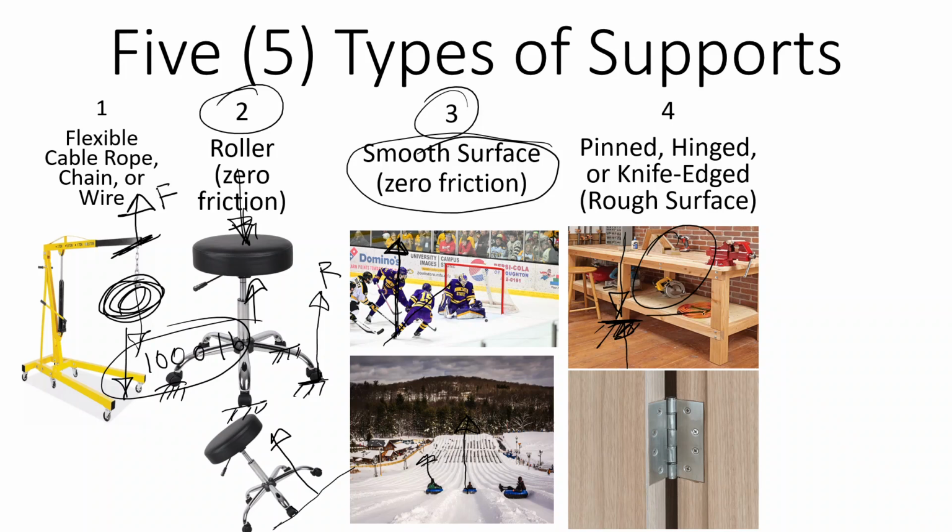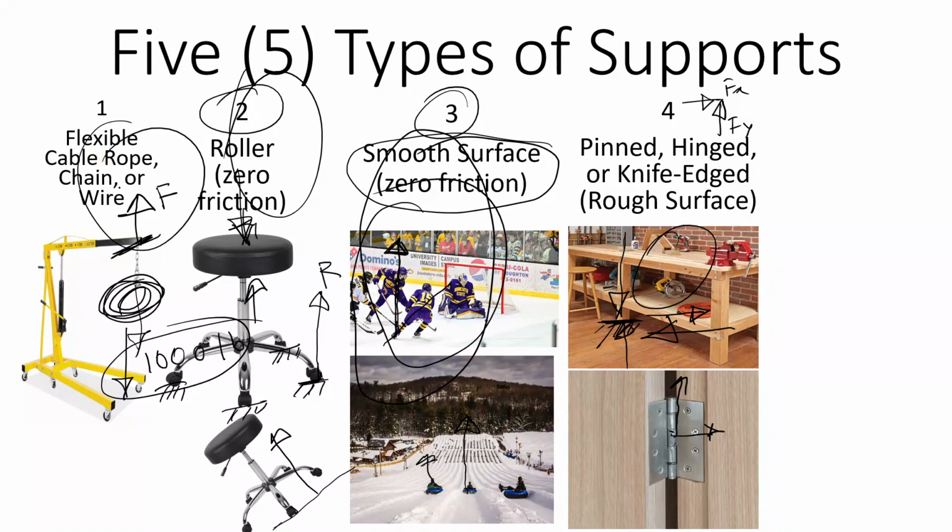If you try to push this way, it will have a resistance in this direction. So for the hinge connection, we'll have both X and Y components. If you draw the free body for this pinned hinge situation, you have to show all the external loads, and also the reaction forces, Y component and X component: Fy, Fx. In the previous scenario, only Fy, and in the rope scenario, only tension in the rope.